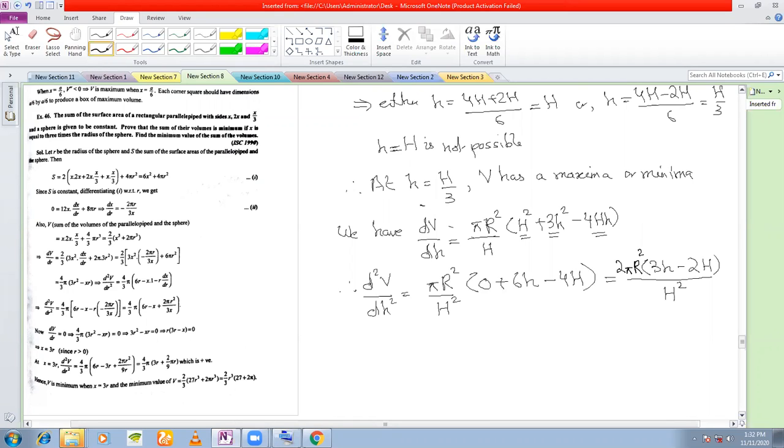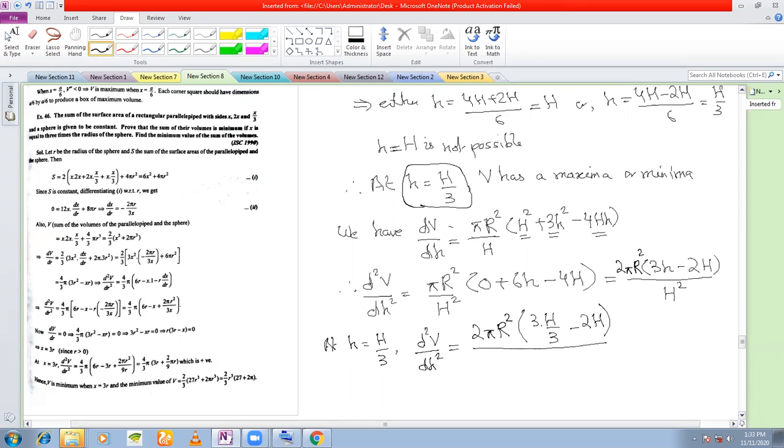What is the value at which we are getting the maxima or minima? Let me check the sign. At h is equal to H by 3, what is the sign here? d2V/dh2. Just put it here and check the sign. It is equal to 2 pi r square, put the value of small h, 3 into H by 3 minus 2H, divided by H square.